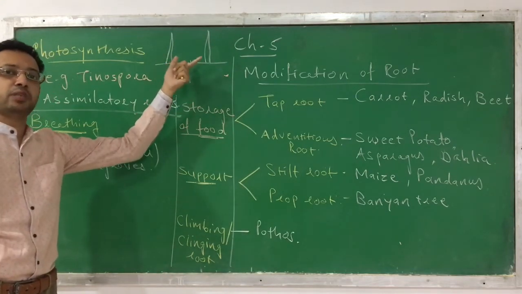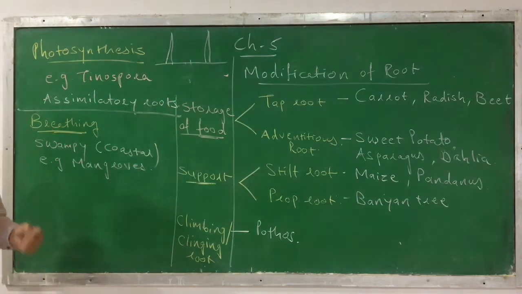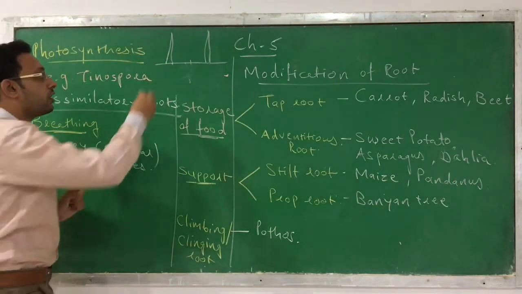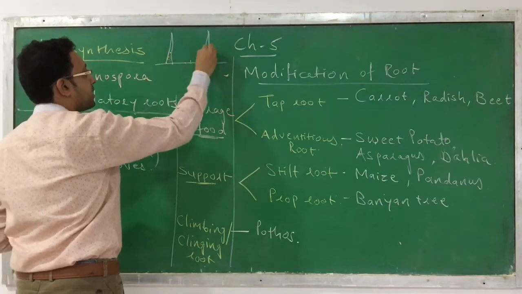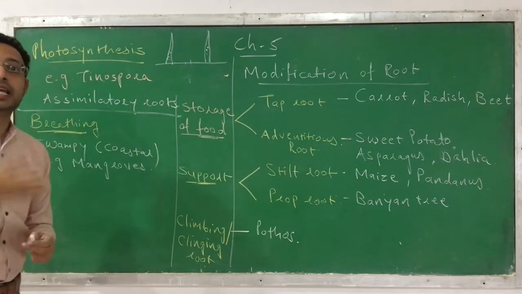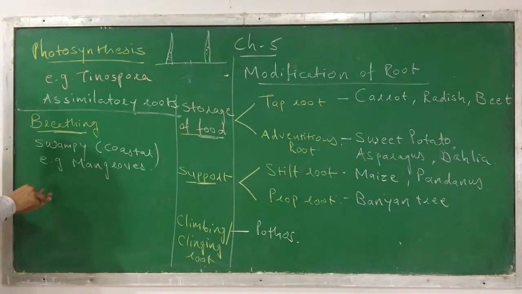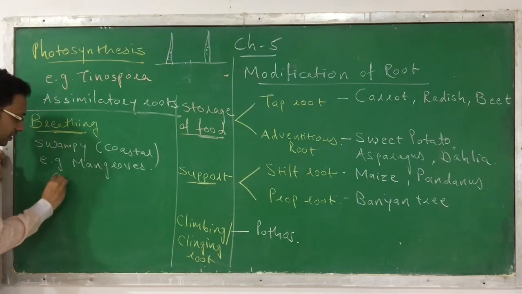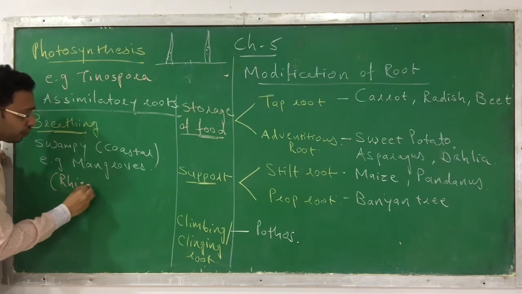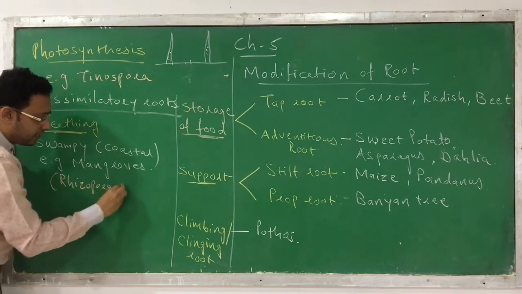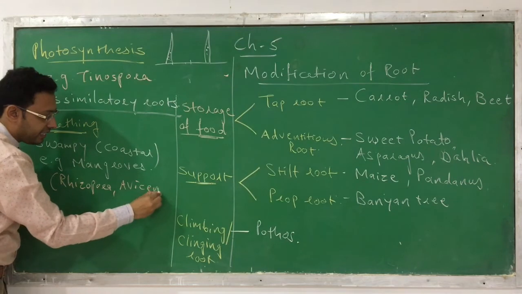This is a very exceptional case. These roots have pores or holes on their surface, and these pores help in breathing or exchange of gases. That is observed in mangroves. I will give you specific examples: Rhizophora, and the second example is Avicennia.